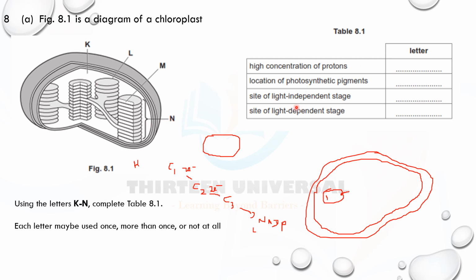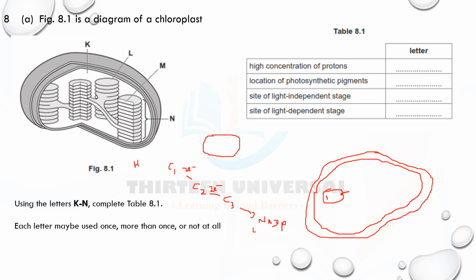So the site for light independent is the stroma. This is stroma. The site for light dependent is the thylakoid lumen, thylakoid membrane, L or N. So that means we're going to have something like this, guys.